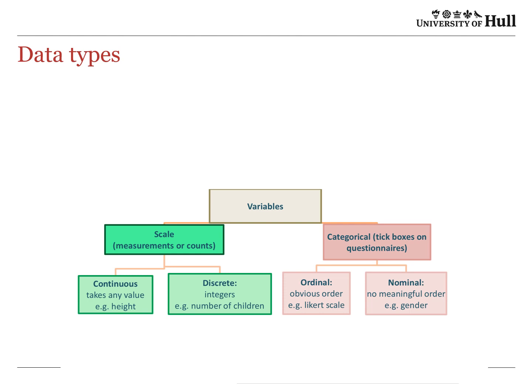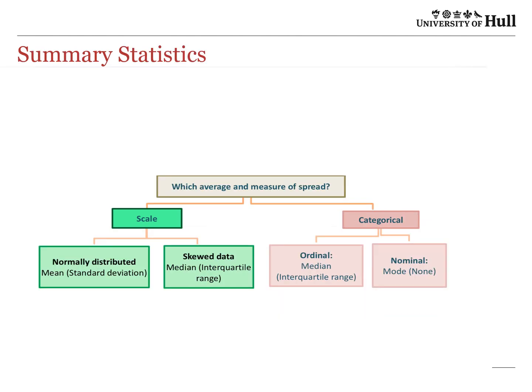So different kinds of tests, strictly speaking, need to be applied to these different kinds of data. And that's because these different data give you very different kinds of estimates of central tendency and spread. Scale data, if it's normally distributed, you can use the mean and the standard deviation to describe the data.